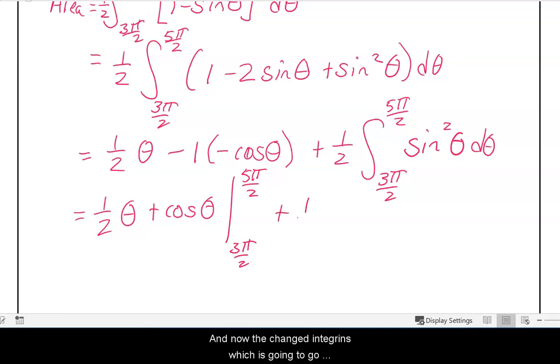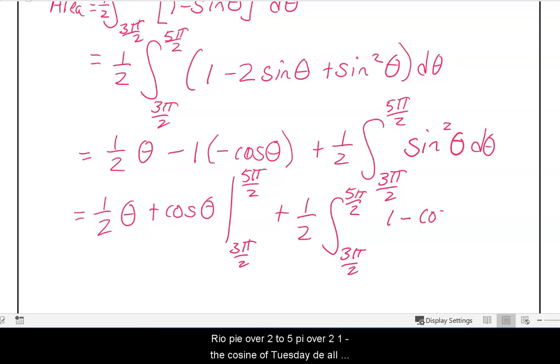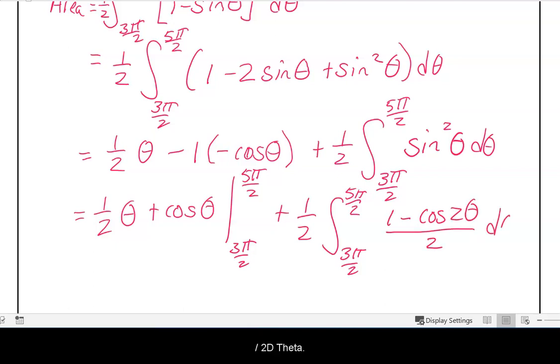And now the changed integrand, which is going to go from sine squared of theta and become instead the integral from 3 pi over 2 to 5 pi over 2 of 1 minus the cosine of 2 theta, all divided by 2, d theta. Remember that this is the double angle formula that you need to change an integral of sine squared into something that can be computed using basic U substitution.